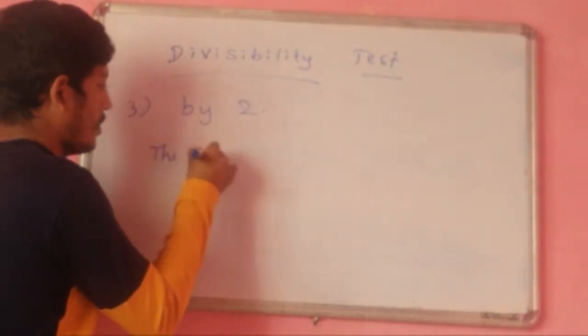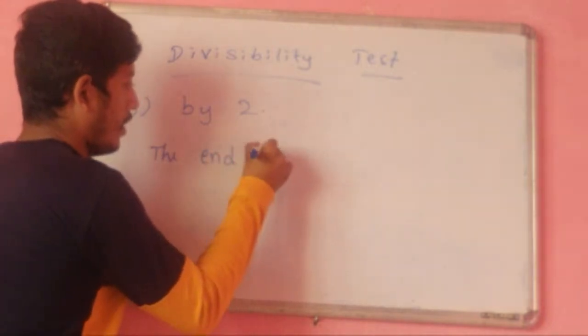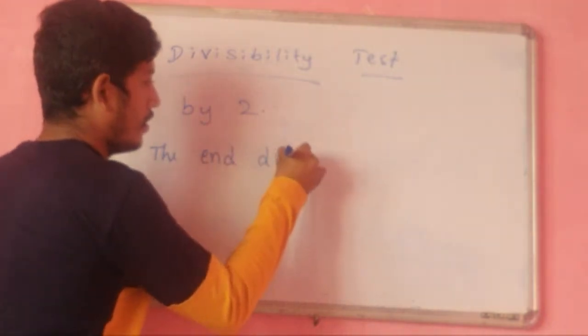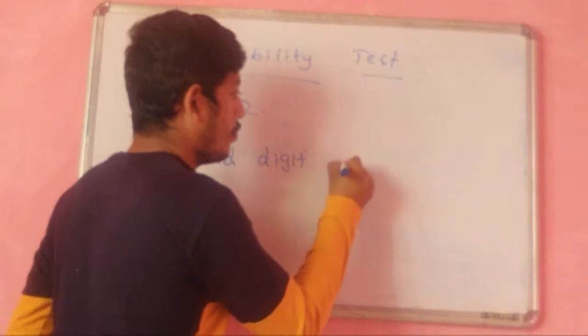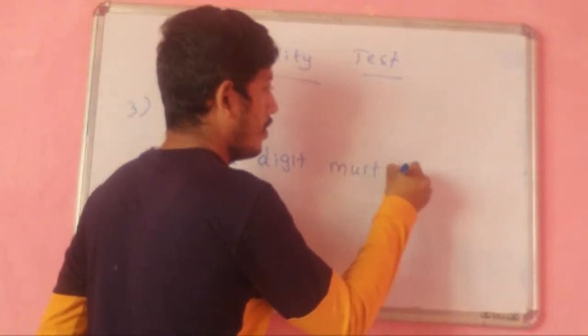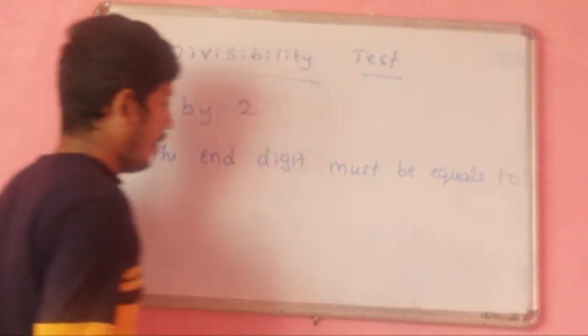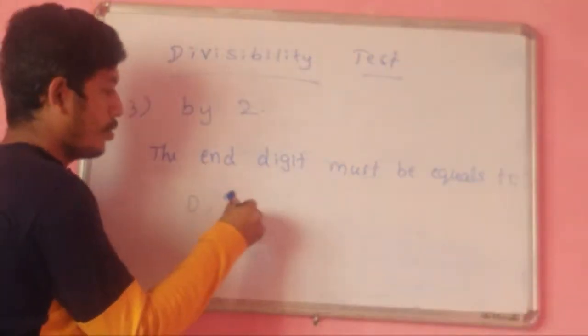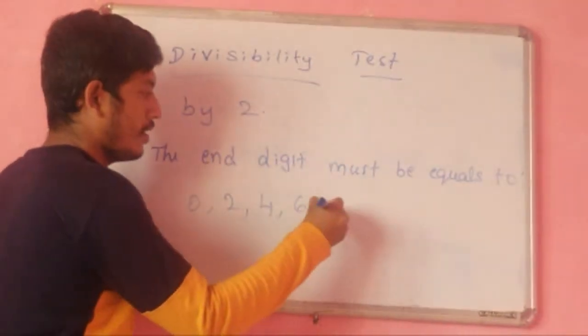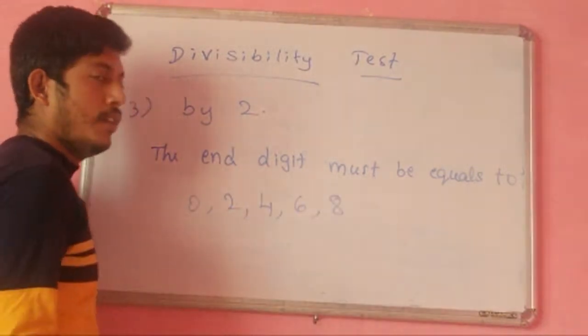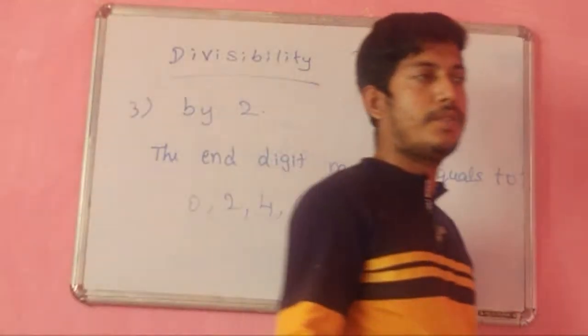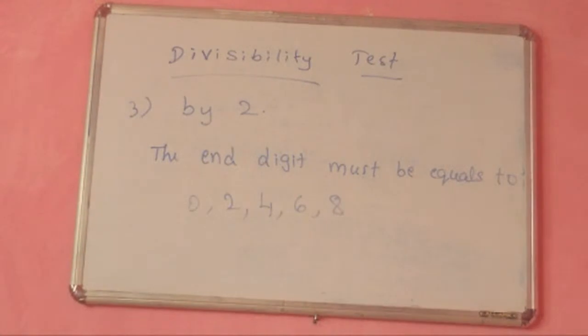The end digit must be equal to either 0, 2, 4, 6, 8. If the number ends with 0 or 2 or 4 or 6 or 8, then we can tell the given number is divisible by 2.